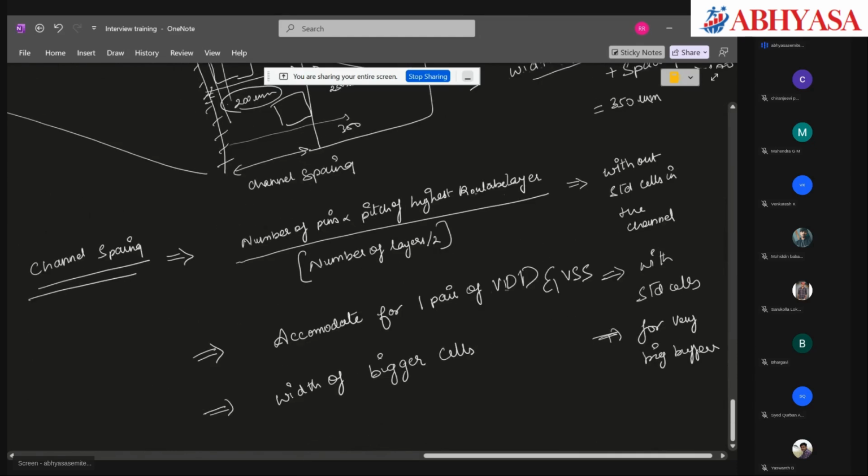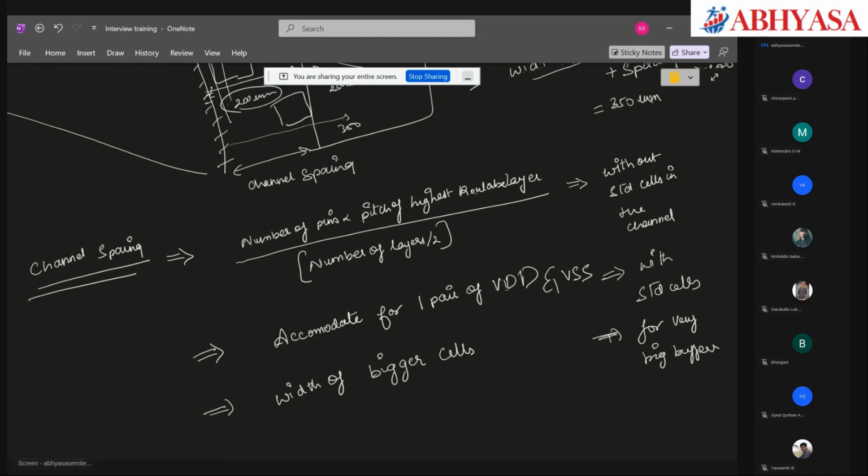right? So whenever somebody asks you, how will you calculate width of the channel? Simple question. So width of the channel can be calculated by number of pins into pitch of the highest routable layer in that channel by number of layers by 2. This is when standard cells are not taken into consideration.